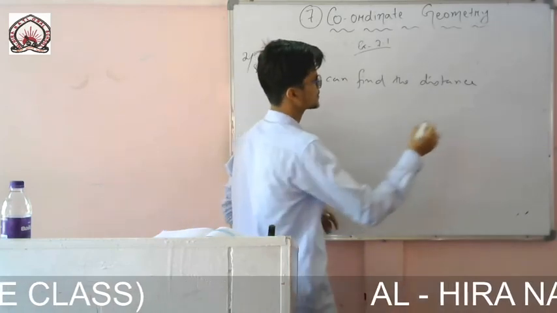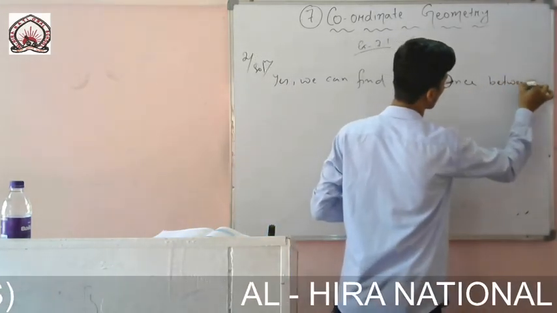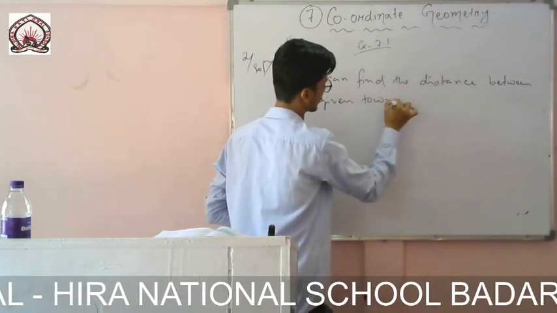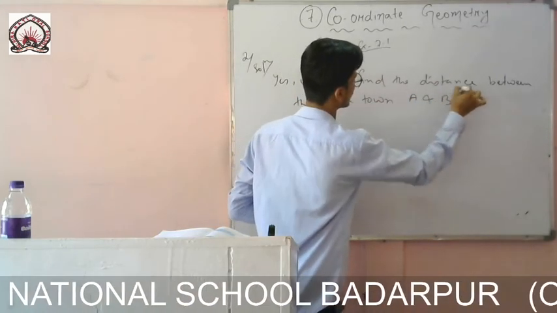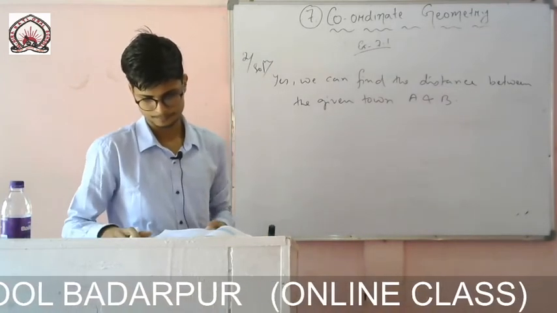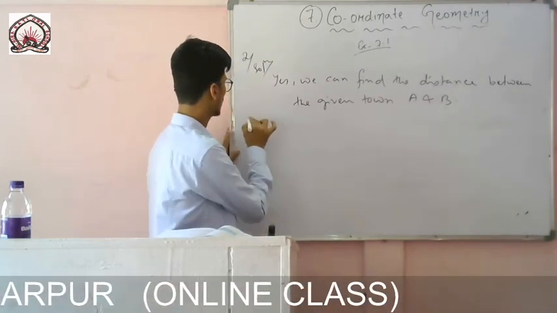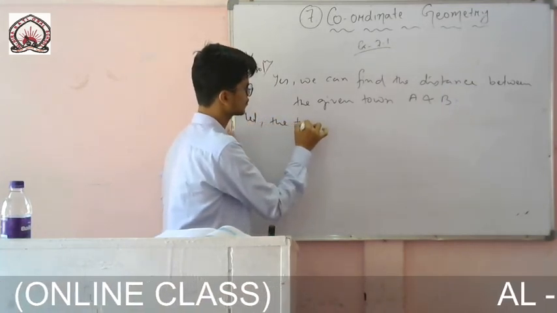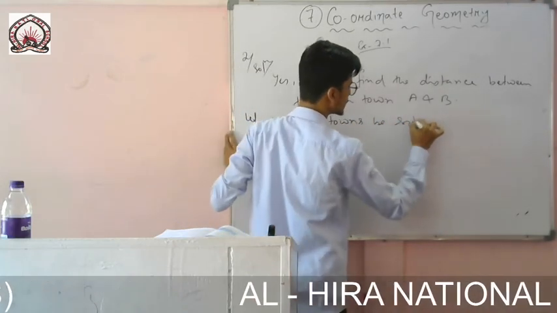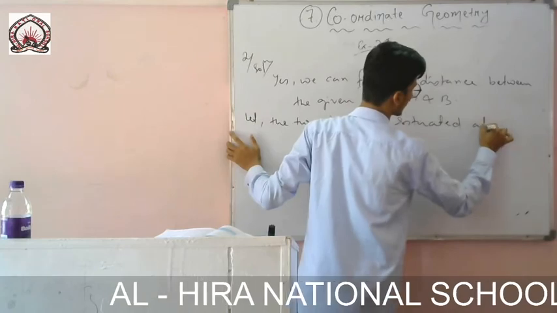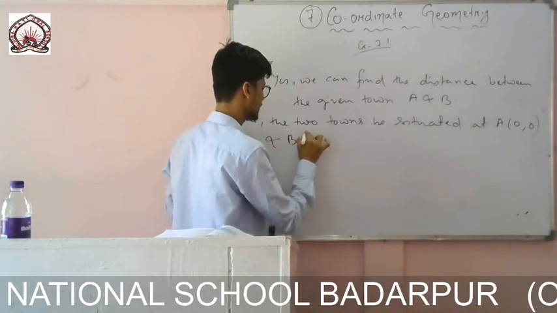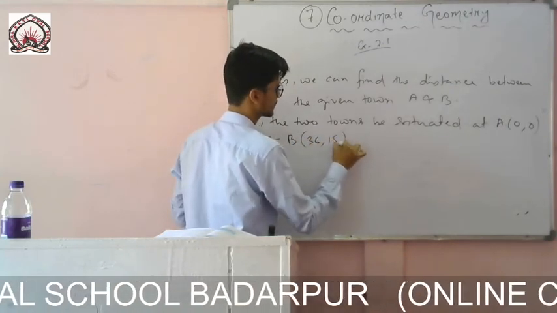Yes, we can find the distance between the given towns A and B. So now let us name them: let the 2 towns be situated at A 0, 0 and B 36, 15.